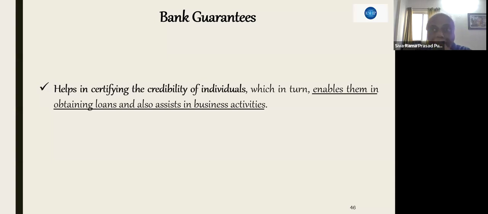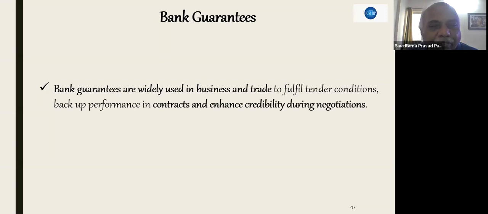It helps in establishing the credibility of the individuals, which in turn enables them to obtain loans and also assists in business activities. Bank guarantees are widely used in business or trade to fulfill tender conditions and back up performance of contracts, and hence can enhance credibility during negotiations. All these things are happening.